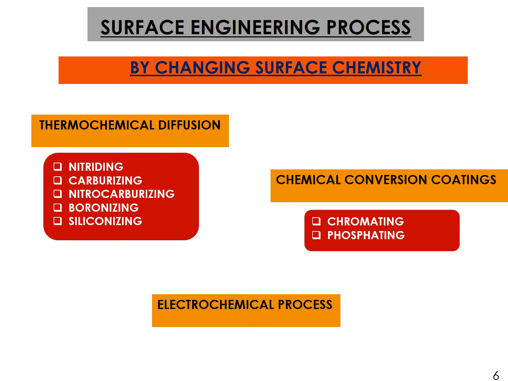For example, we go for anodizing, as I was discussing, of some metals, maybe aluminium or other metals. This prevents material from corrosion, from wear, and from all other effects. As an example, it prevents material from aging also. So this is the classification of processes under changing surface chemistry.